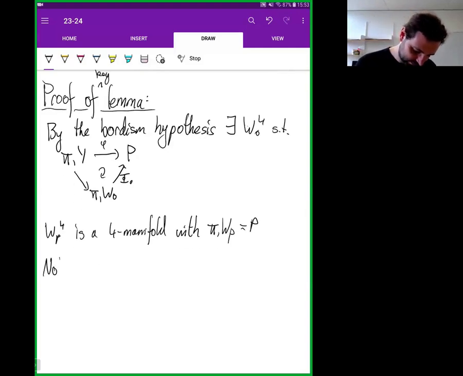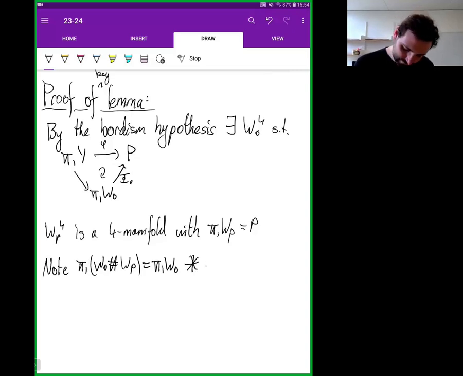So note pi 1 of W0 connect sum W_P is just going to be pi 1 of W0 free product P. And this has a retraction onto P. So that's good.